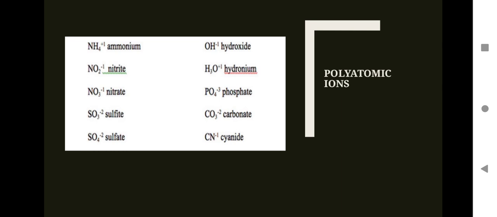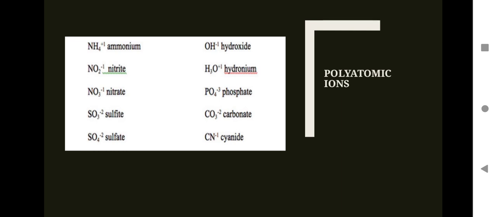Carbonate contains an atom of carbon and 3 atoms of oxygen. Sulfite contains atoms of sulfur and oxygen. Phosphate contains atoms of phosphorus and oxygen. Nitrate contains an atom of nitrogen and 3 atoms of oxygen. Hydronium ion contains atoms of hydrogen and oxygen.